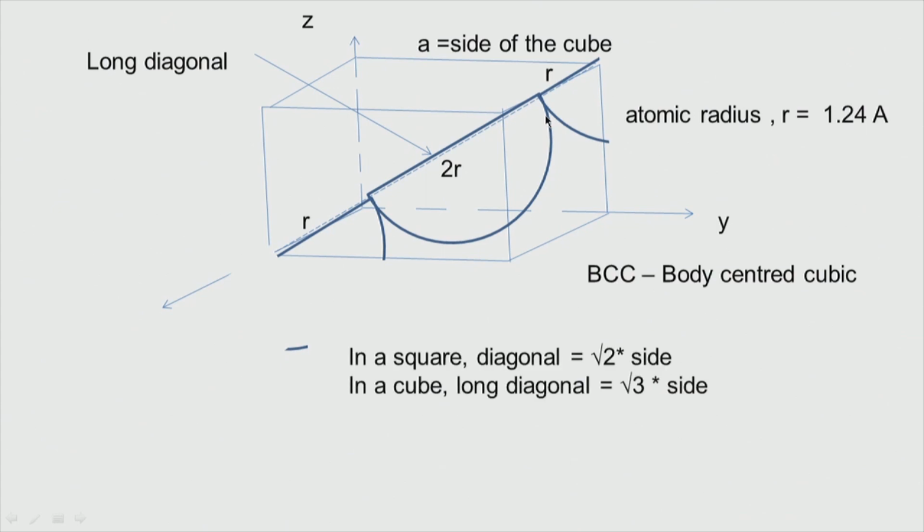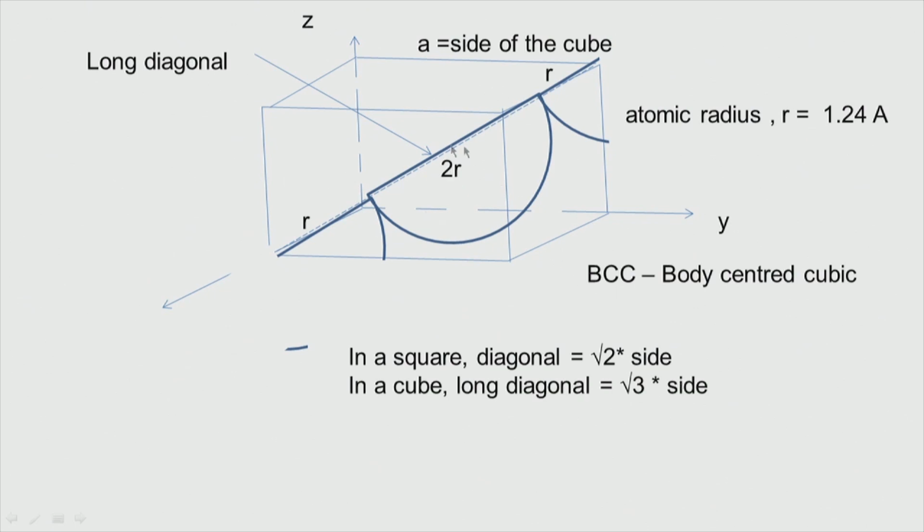And like you must have studied in your school, the long diagonal is square root of 3 into side, just like in a square the diagonal is square root of 2 into side, for a cube the long diagonal is square root of 3 into side. So, you must have studied this, right. So, side is a, so obviously 4r is equal to square root of 3 a.